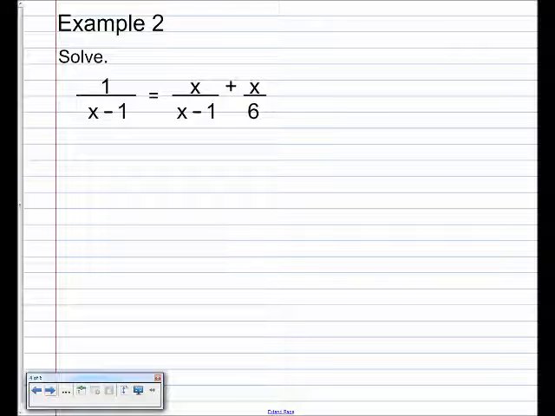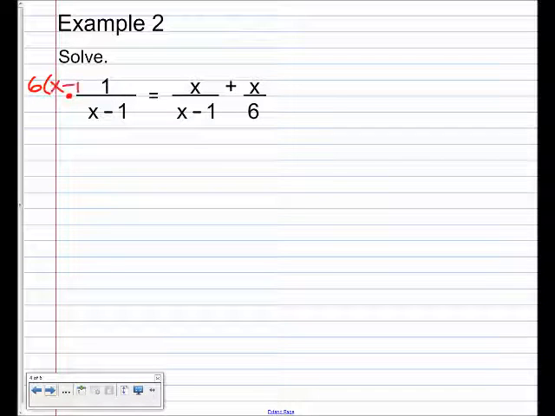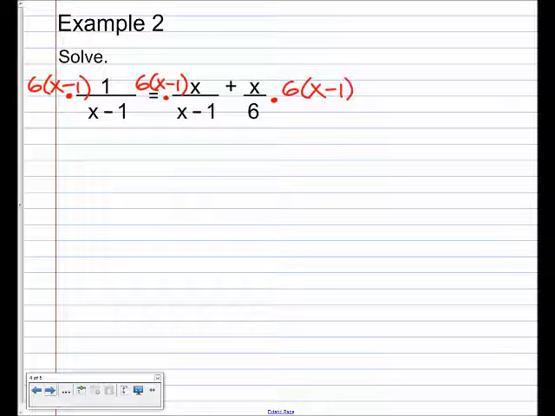So I'm going to multiply all of these by 6 and x minus 1. Again, this should be making 1 with things in the denominator. So notice x minus 1 and x minus 1 divide to make 1. So what's left in my first expression? Just a 6. Equals.